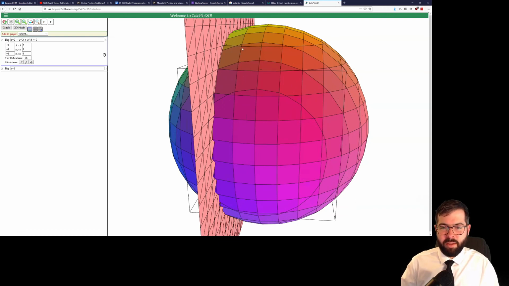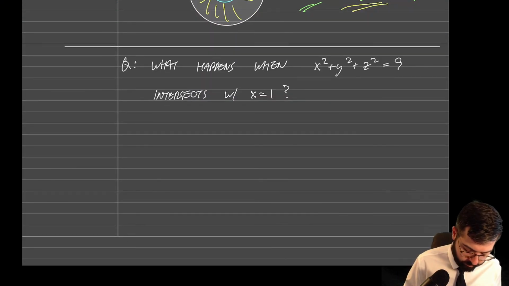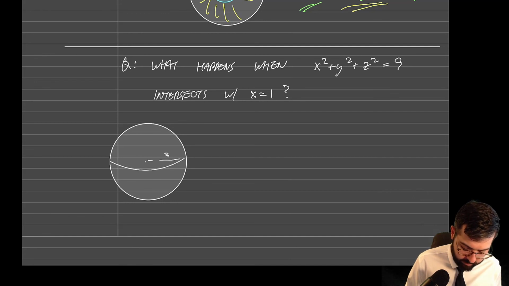Do we have a name for that? What do you think? So we got this sphere of radius 3, right? And it hits x equals 1, so we got this plane slicing it like this.